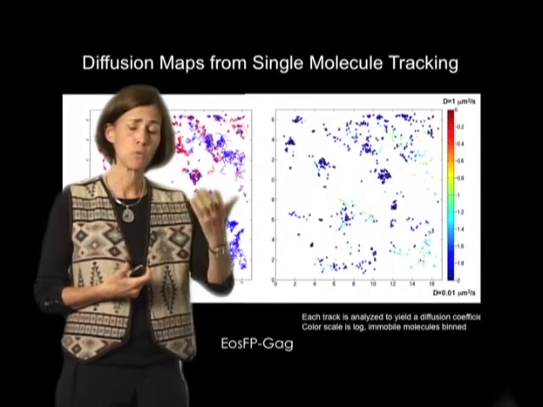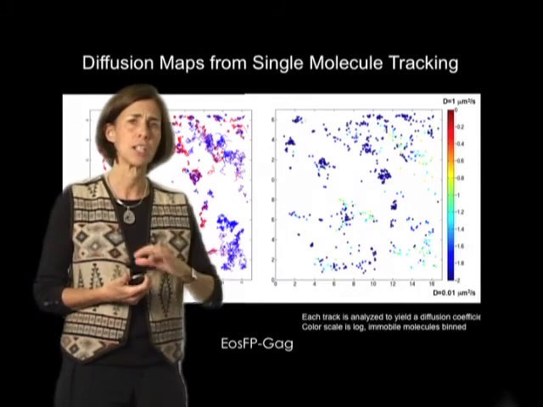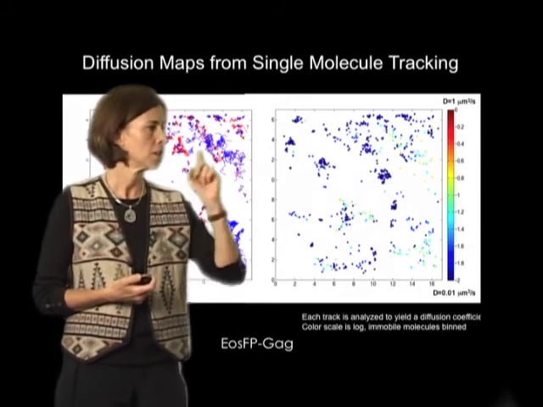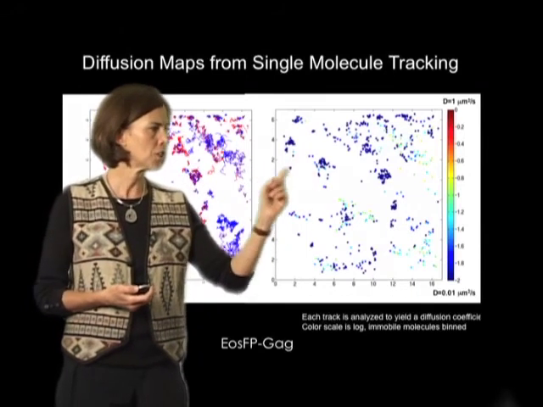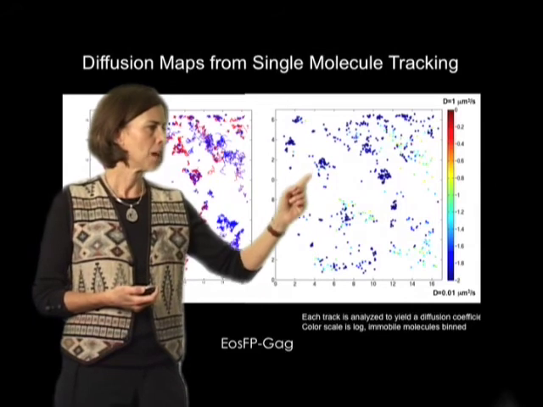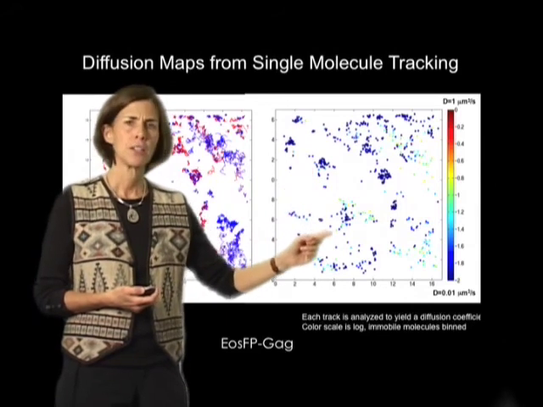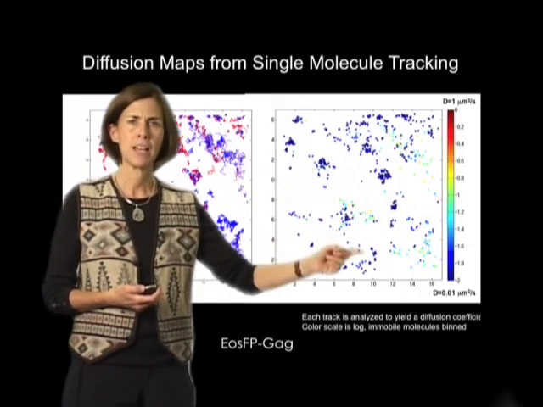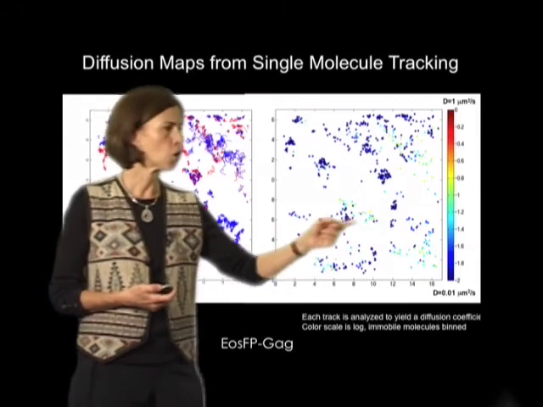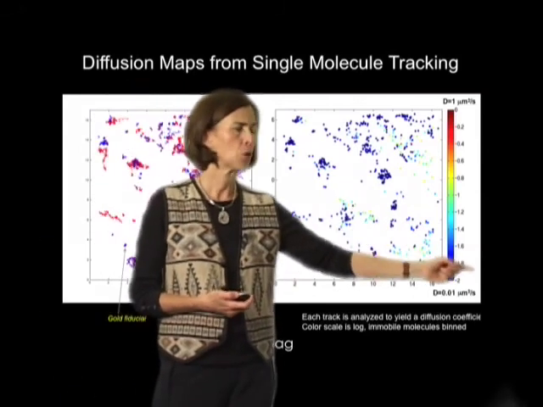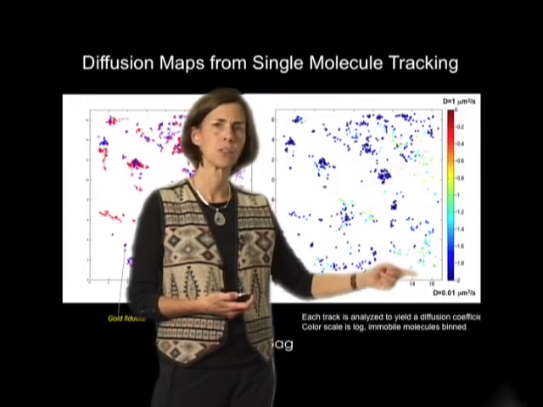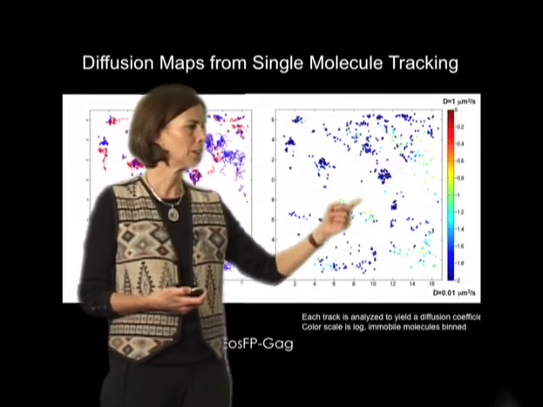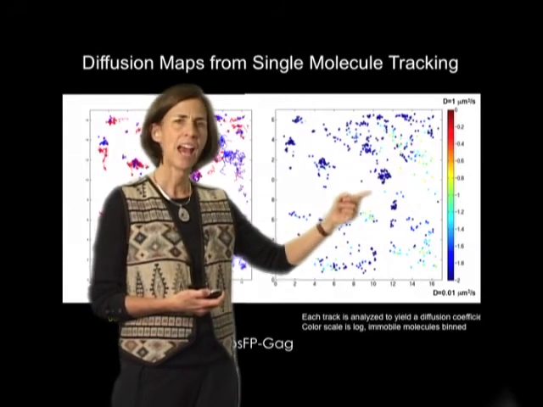You then can map its distribution on the cell surface, and what you see is that these molecules, by and large, are not moving as rapidly as the VSVG. Large numbers of these molecules have very low diffusion coefficients, as illustrated in this lookup table here. And many of the molecules are clustered in these aggregates.